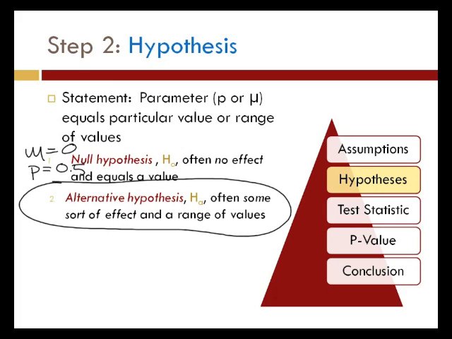But you can make conclusions like the mean age of this class would be less than 100. We could probably not even gather data and say, oh yeah, that's obviously going to be true. Or the proportion of people who are going to make an A in this class is going to be greater than 0. We could collect some data and see that that has a very good chance of being true.